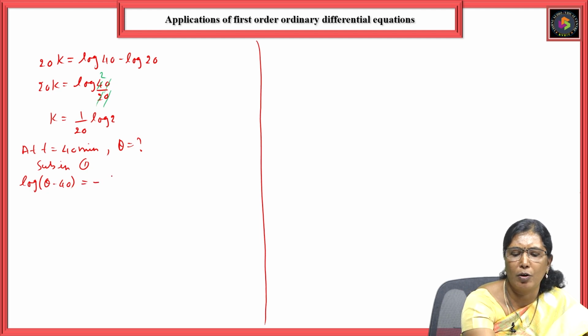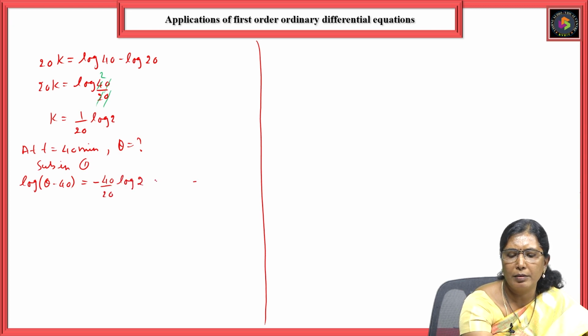What is k value you have got? 1 by 20 log 2. And what is t value? 40 minutes. So 40 by 20 log 2 plus c. What is c value? We have got log 40.